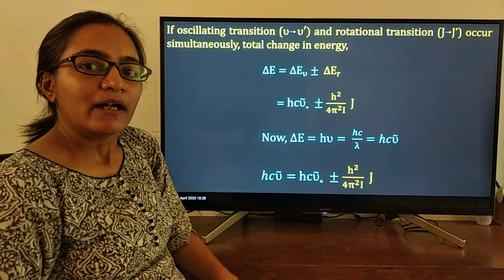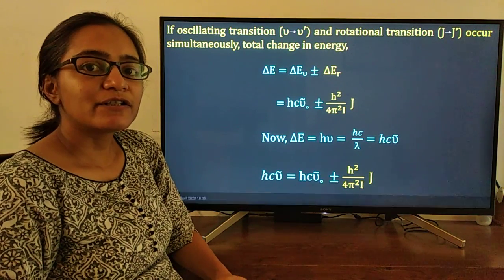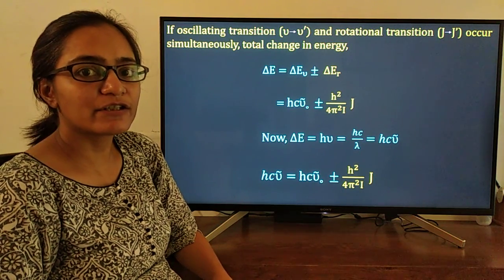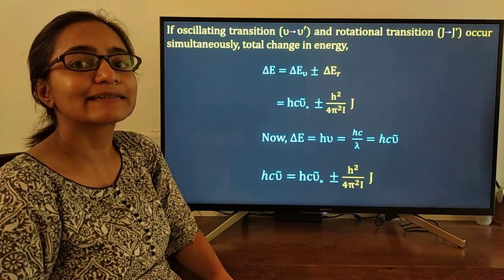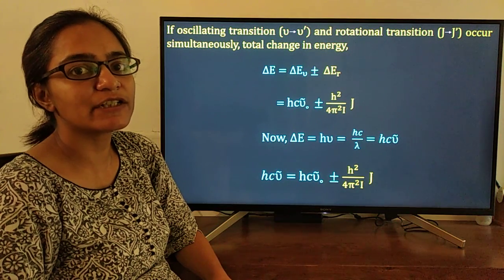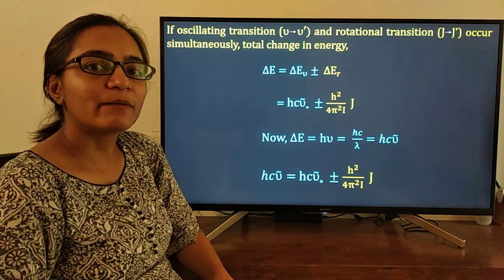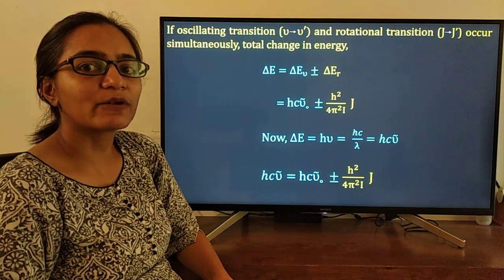While if the oscillation transition nu to nu prime and the rotational transition J to J prime occur simultaneously, then the total change in energy delta E is equal to vibrational energy minus rotational energy.